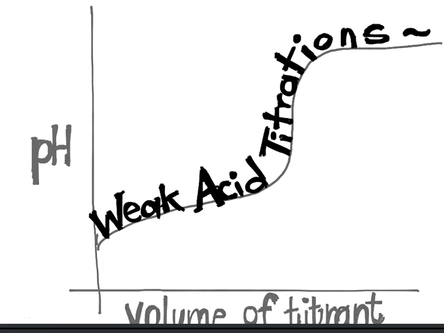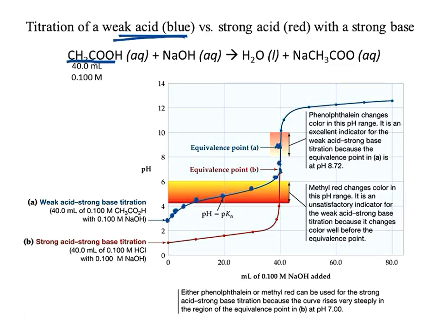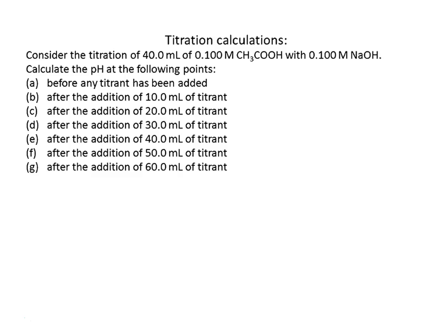So here we're going to be looking at some calculations with weak acid titrations. So here we have our acetic acid and sodium hydroxide. The acetic acid is the analyte, and you can see these points here would be pH calculations that are shown in the book, or are at least discussed in the book.